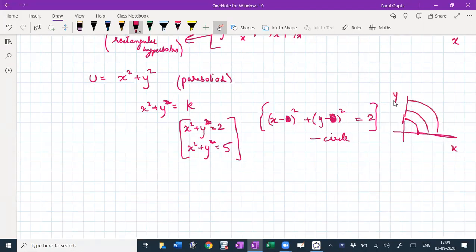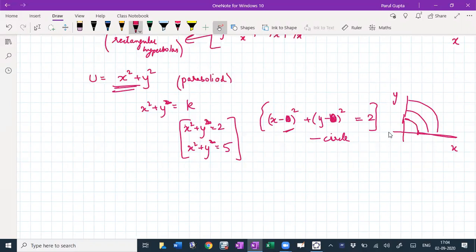Since we are only drawing in the first quadrant, we just see that small portion of the curve. So depending on the kind of function, you will have different shapes of indifference curves. I'll give you practice with different functions to draw indifference curves. That should revise how to draw these kinds of functions in 2 dimensions. Once you identify what kind of function it is, hopefully it will be easier to draw.